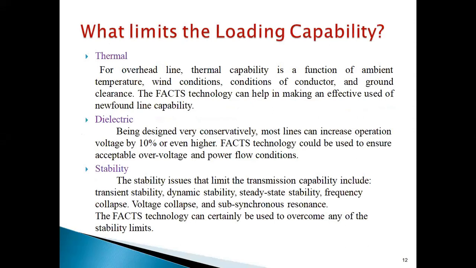And this FACTS technology will help us make effective use of the existing line capability. And the dielectric limit also limits the loading capability, but with FACTS we are still trying to move further and reach the loading within the safer side, without getting into the collapse point. So do your best.